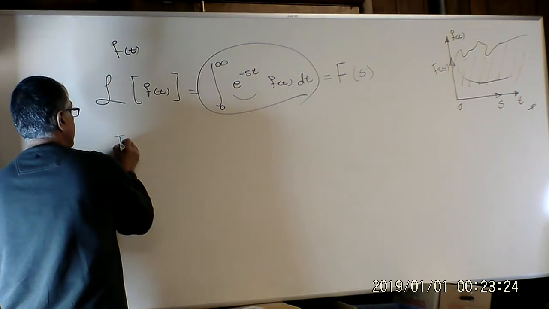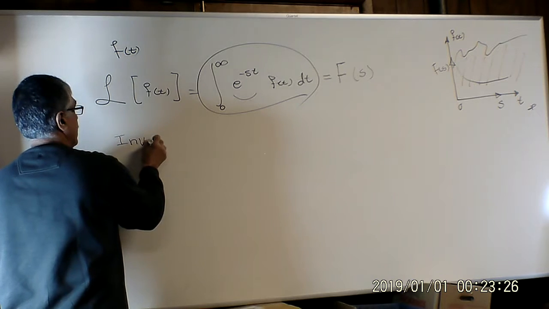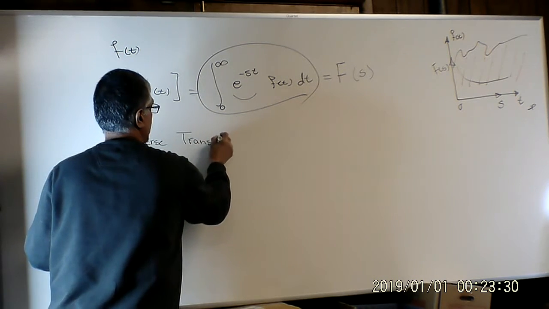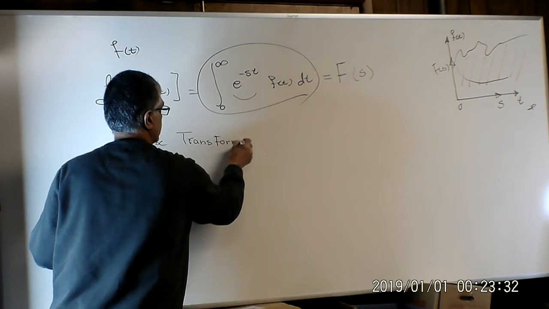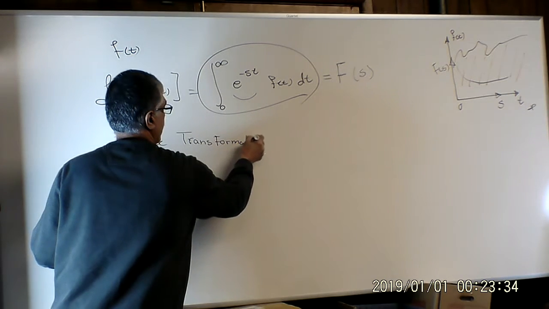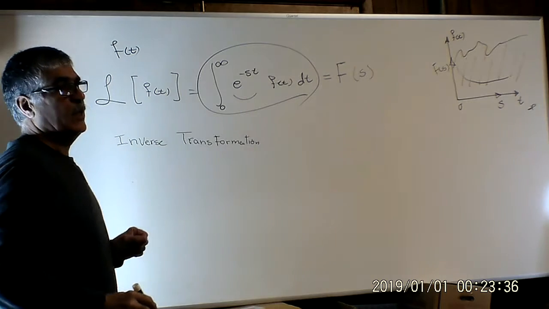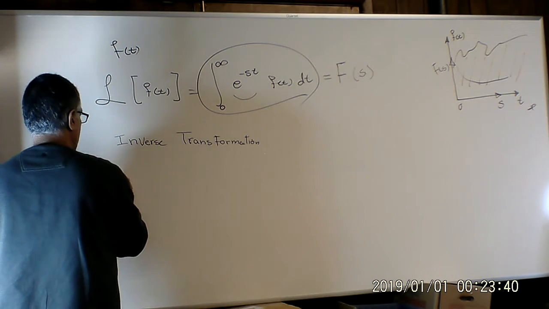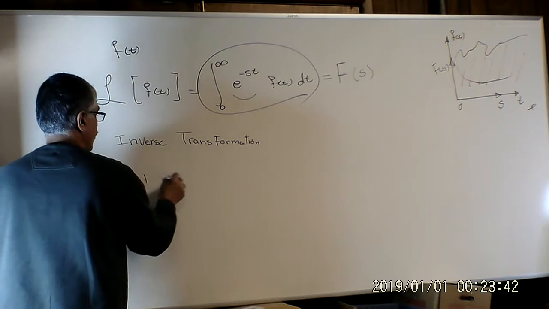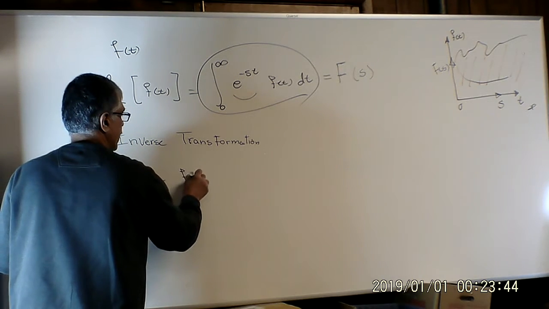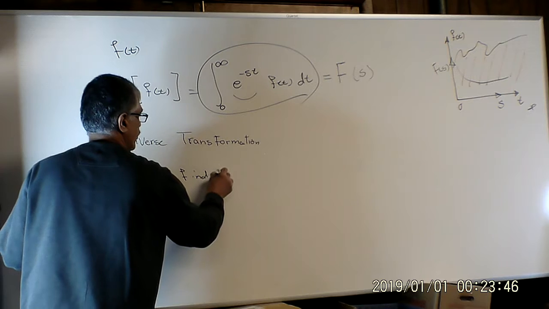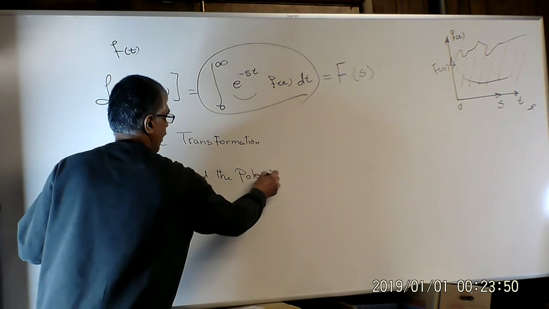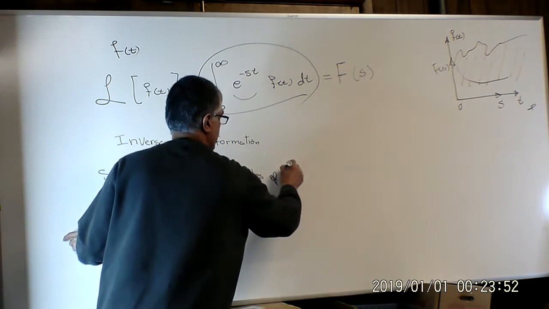So to get the inverse transformation, the first step, step 1, is find the poles of F of s.